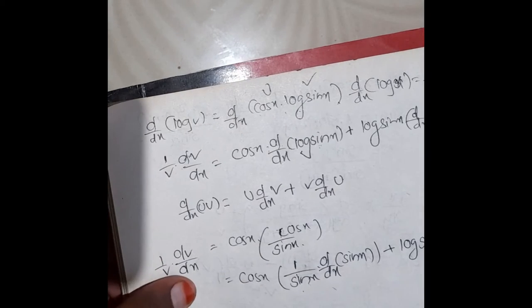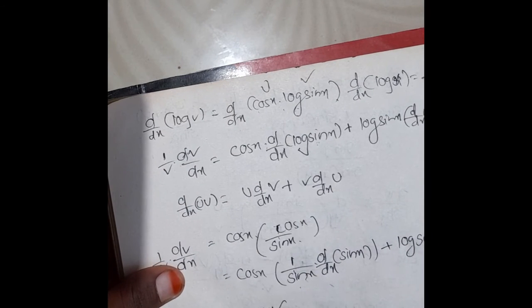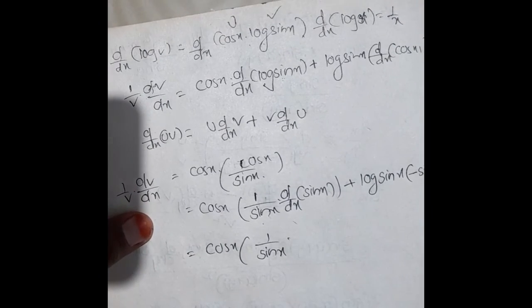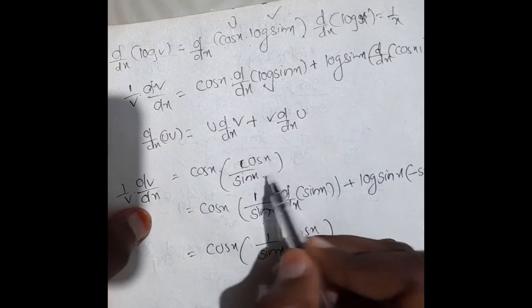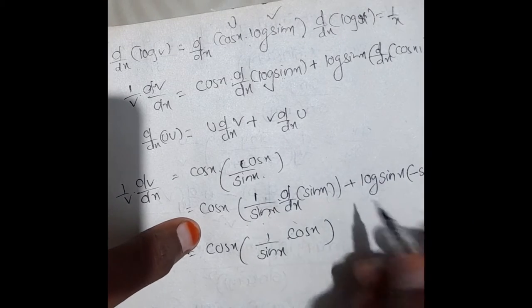So cos x into 1 by sin x, where d by dx of sin x is cos x. That's what I wrote here, a direct step, but I thought to write it again.